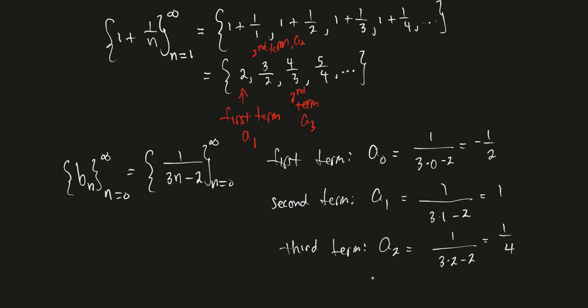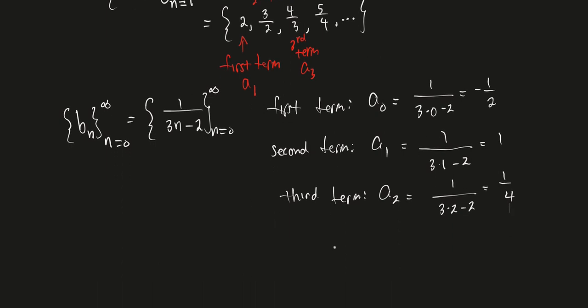So in general, let's see if we could write down the nth term, and this is where you'd have to be careful. Look at the pattern. The first term, you'd plug in 0. The second term, you'd plug in 1. The third term, you'd plug in 2. So the nth term, you'd have to actually plug in n minus 1, right?